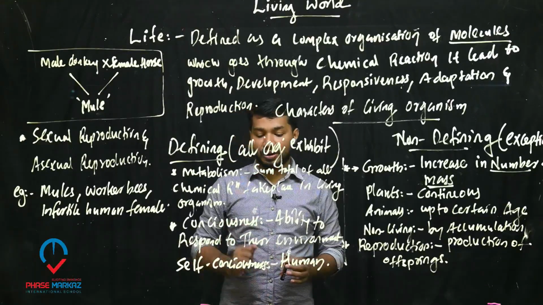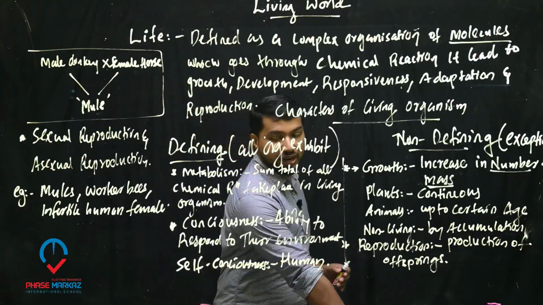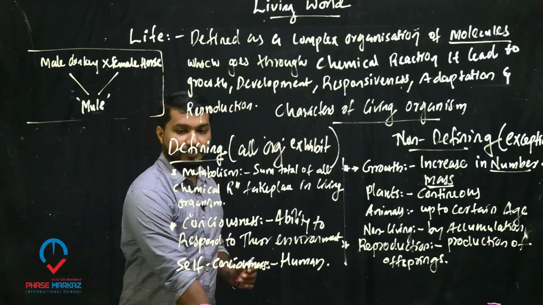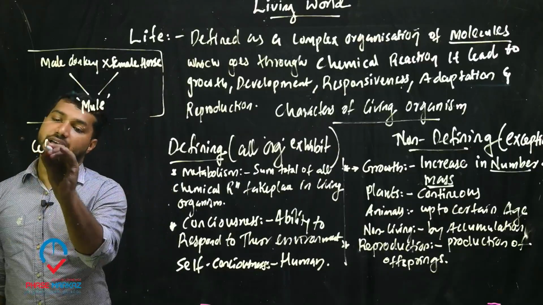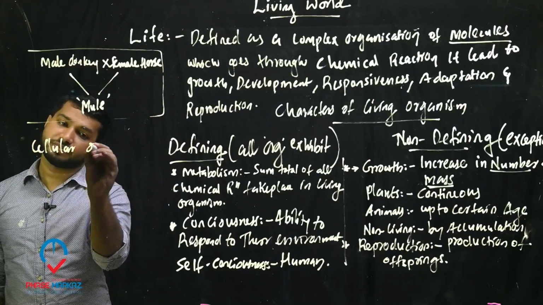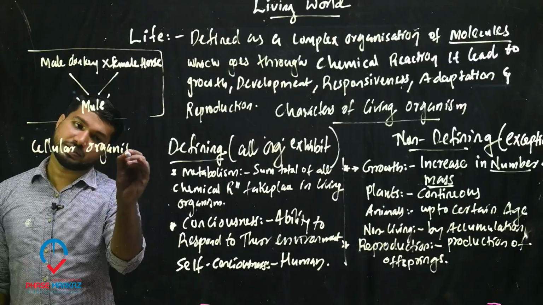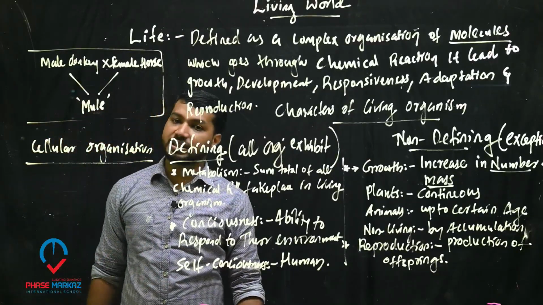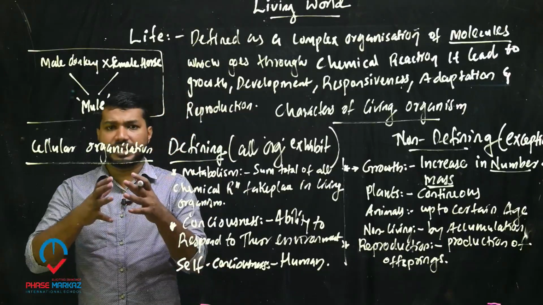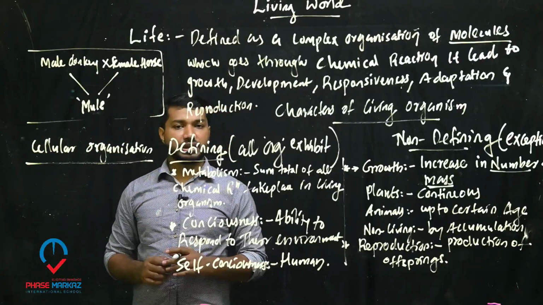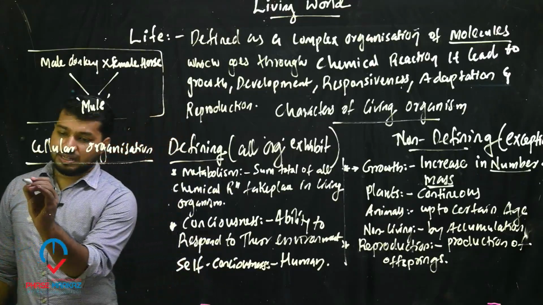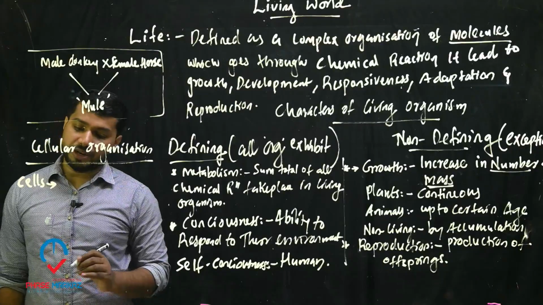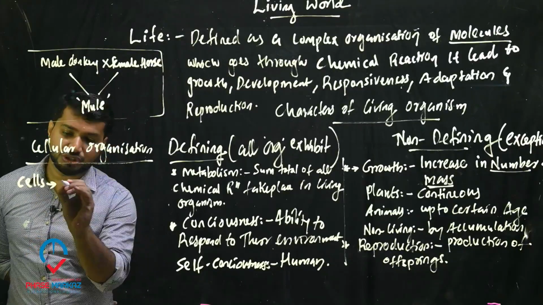So the last defining property is cellular organization. So what is cellular organization? There is an organizing structure in the living organism. The cells unite together and produce tissue.